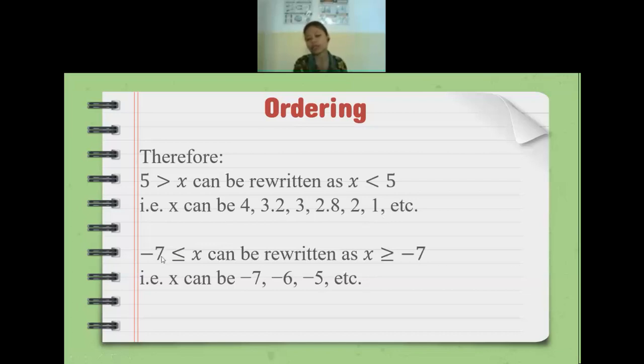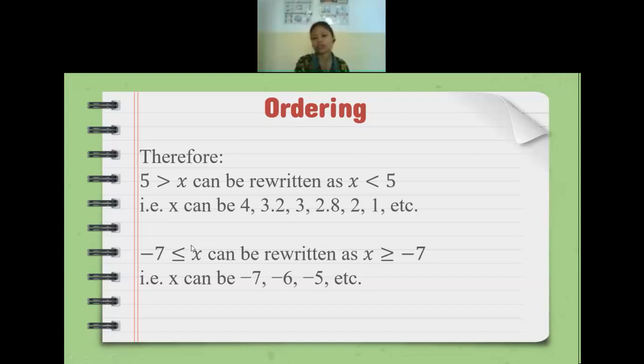Here I have negative 7 is less than or equal x, which is a bit difficult for me to recognize. It will always be easier to make x be on the left side. But if you are already used to it, you don't have to flip it, it will be up to you. But for me, from experience, it is easier if the x is on the left side.